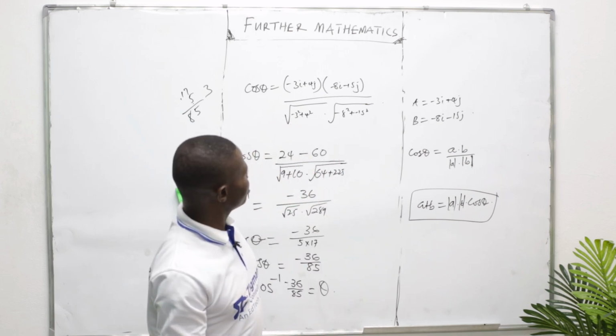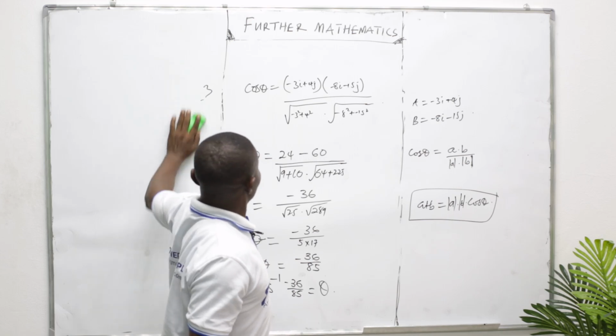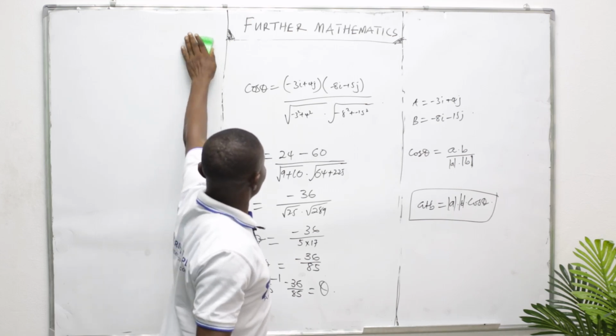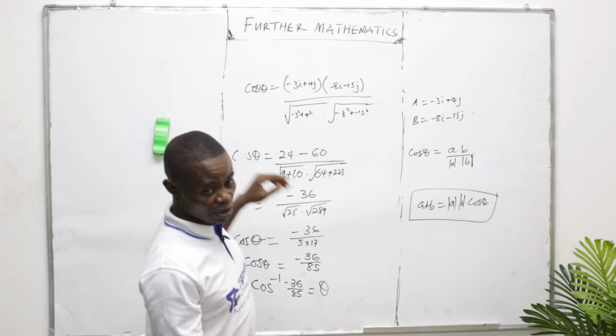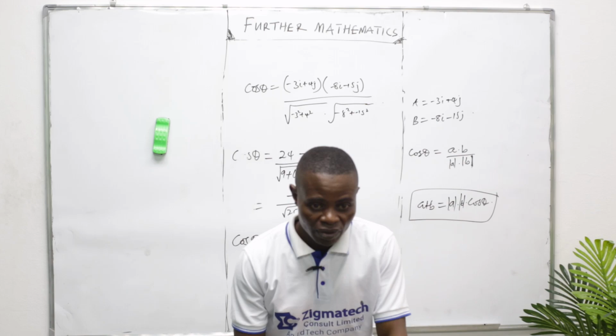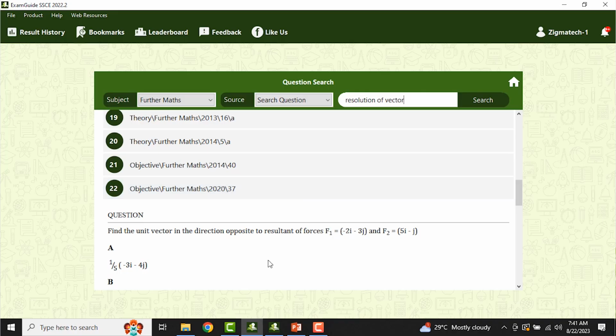So let's do one more thing, so that in our part 2 of vector, we shall be talking about resolution of vector. Okay, this is a unit vector. Find the unit vector in the direction opposite to the resultant of forces. F1 equals minus 2i minus 3j.